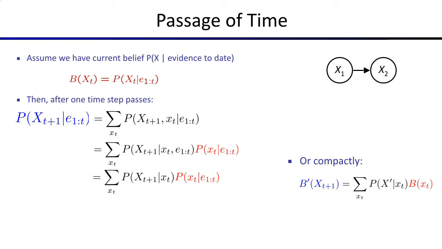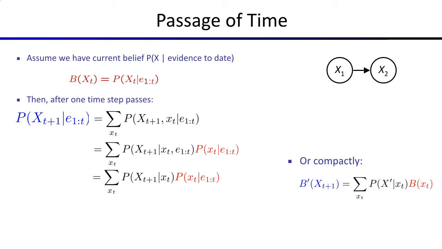I might be in the plus x world at this time, and I might be in the minus x world at this time. If I assume that I'm in either one of those worlds, then I know what has happened here, and I can forget about everything that's happened in the past. And so what I'm going to do is take those two worlds together, and weight the probability of where I might be now according to the probability of each of those being the world that I'm in right now.